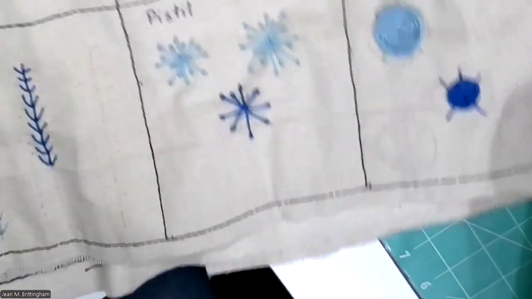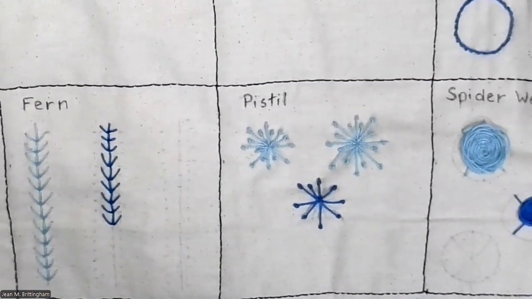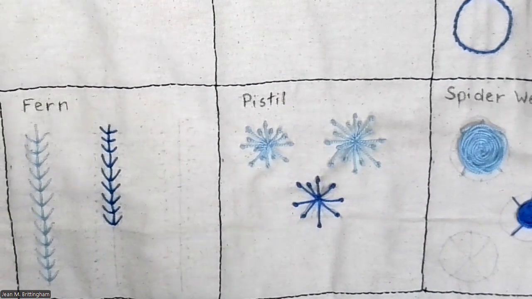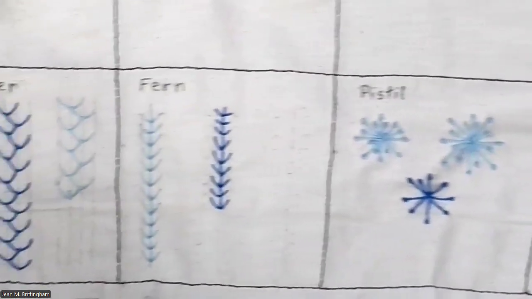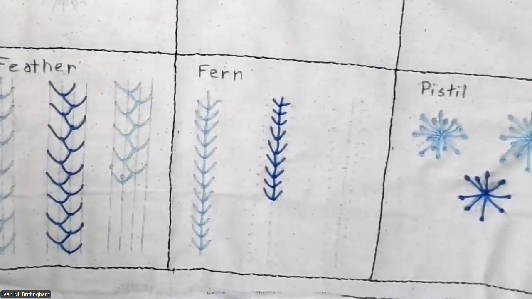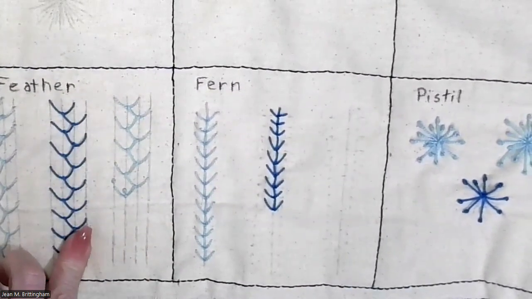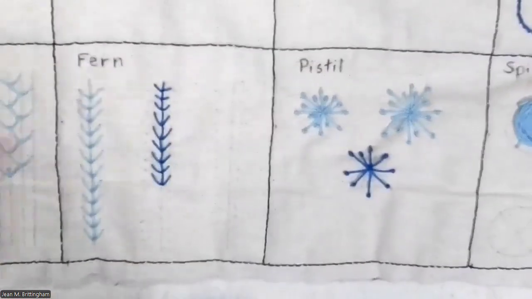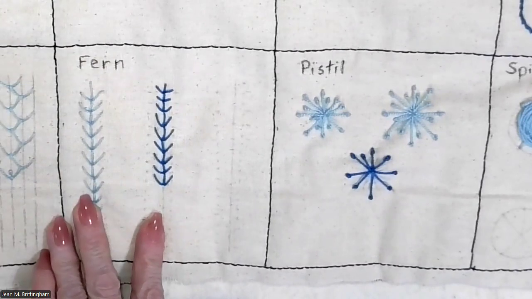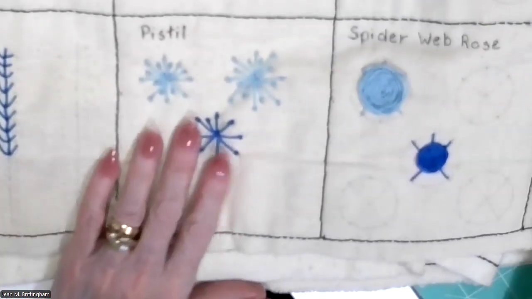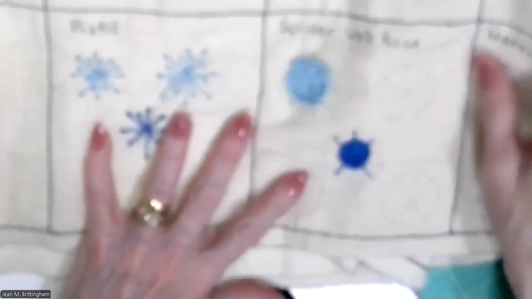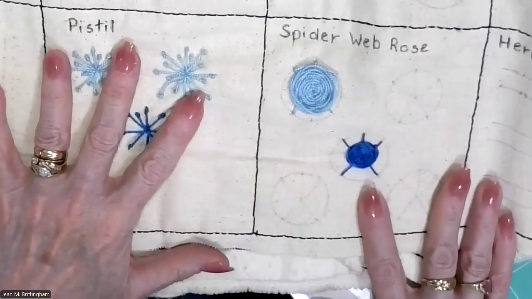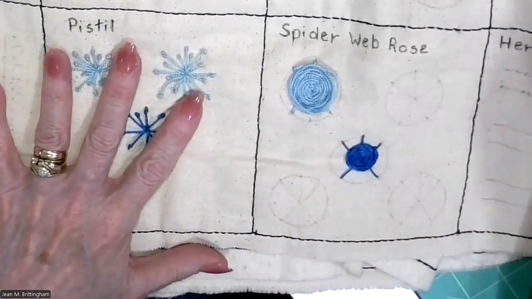If I move this back, I think you can't quite get the feather in there, but we started off with the feather stitch, and then we did the fern stitch. We did the pistil stitch, and we did the spider web rose this afternoon.